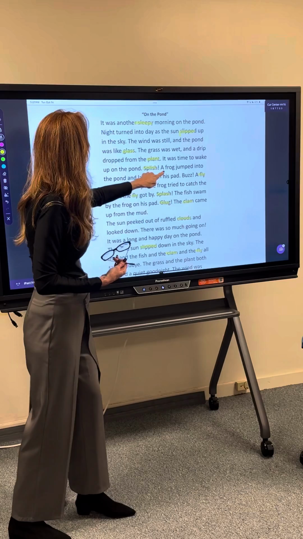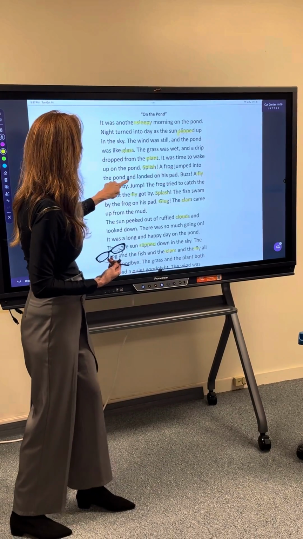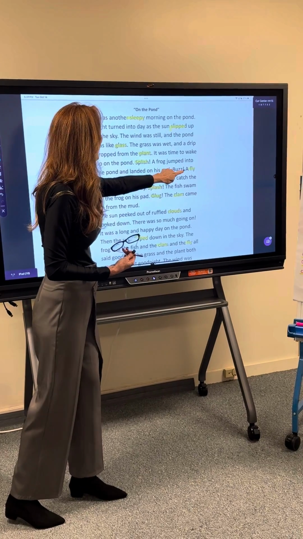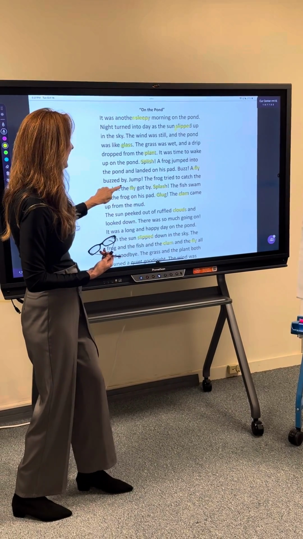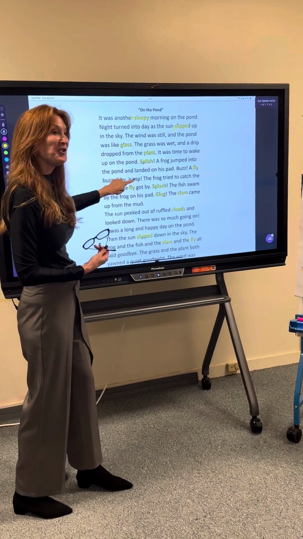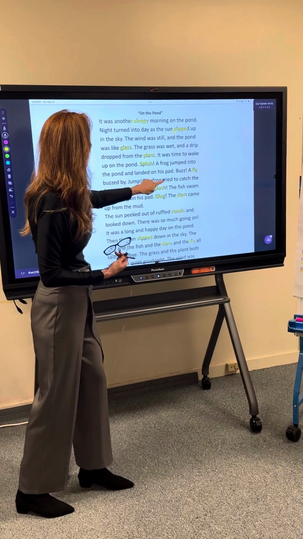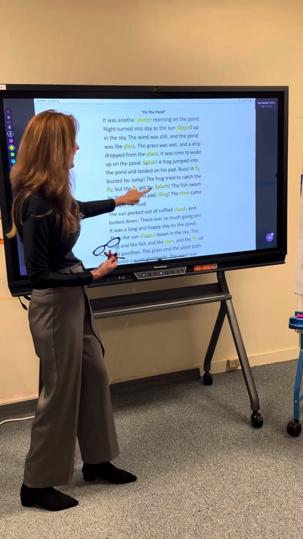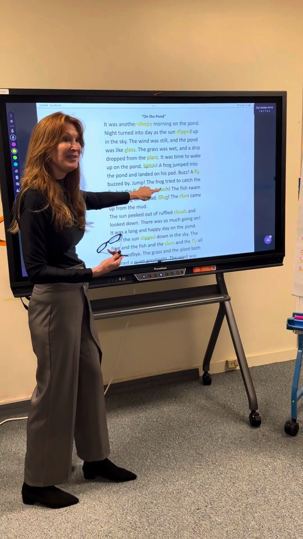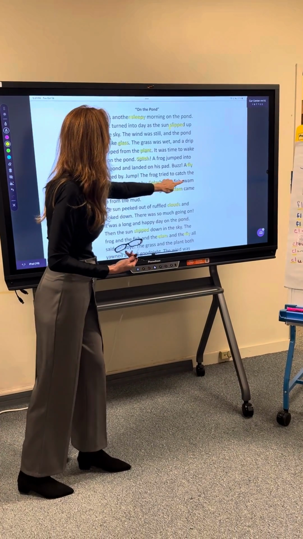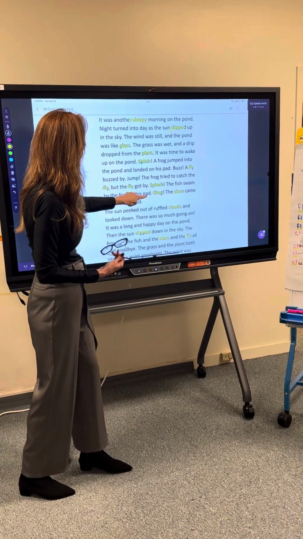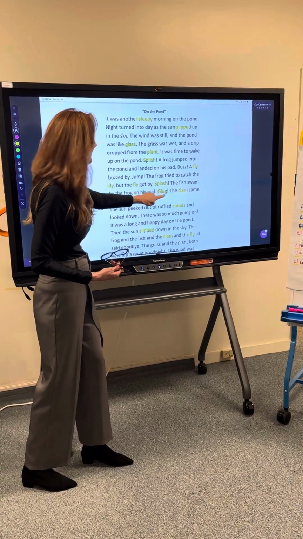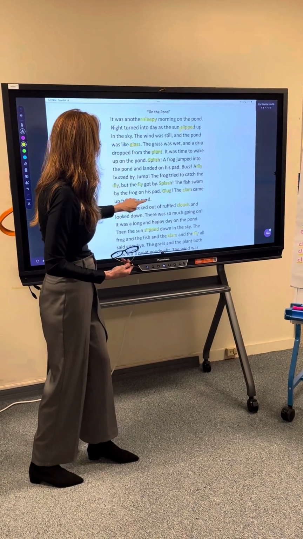Splish. A frog jumped into the pond and landed on his pad. Buzz. A fly buzzed by. Jump. Put your finger on jump. Good. The frog tried to catch the fly, but the fly got by. Splash. Everyone, splash. The fish swam by the frog on his pad. Glug. Say it with me. Glug. The clam came up from the mud.